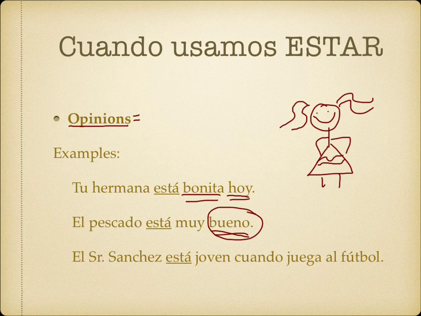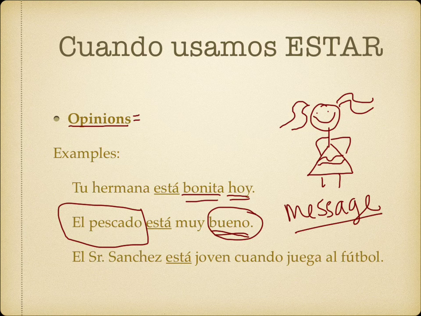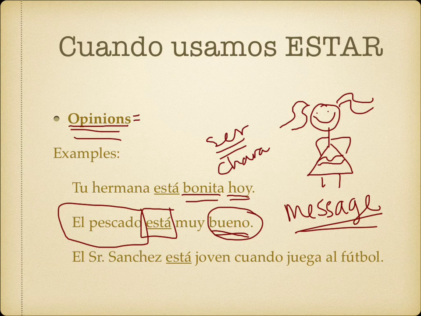If you personally consider it a characteristic of the fish of this restaurant, you could use the verb ser. So you can use either one. It's all about what is the message that you're trying to communicate. So if you use the verb estar, you're stating it as your opinion. If you use the verb ser, you're stating it as a characteristic.